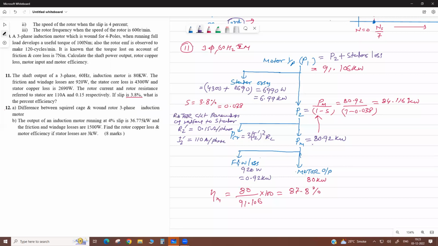सर यहाँ पे जो फार्मूला आपने लिखा है जस्ट दैट कॉपर लॉसेस के लिए 3I2 dash का स्क्वायर देन R2 dash होगा ना सर वहाँ पे? हाँ, ये R2 dash. ओके. Both are as referred to stator. Okay.